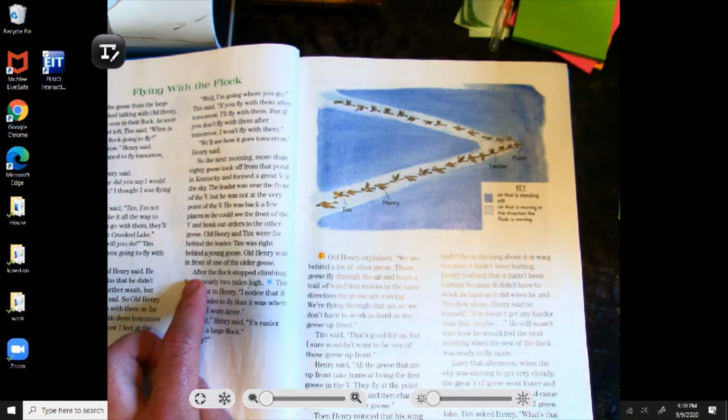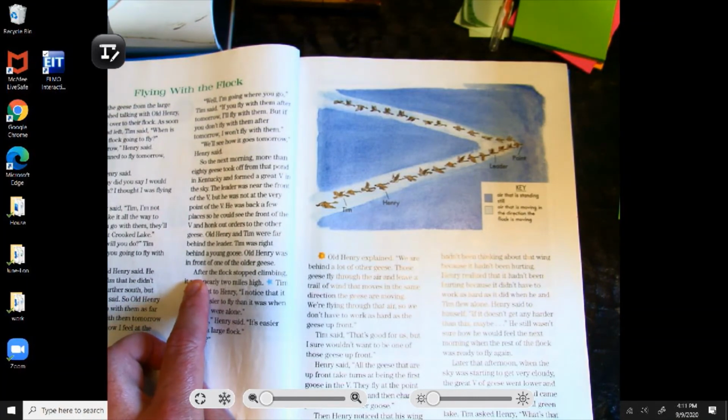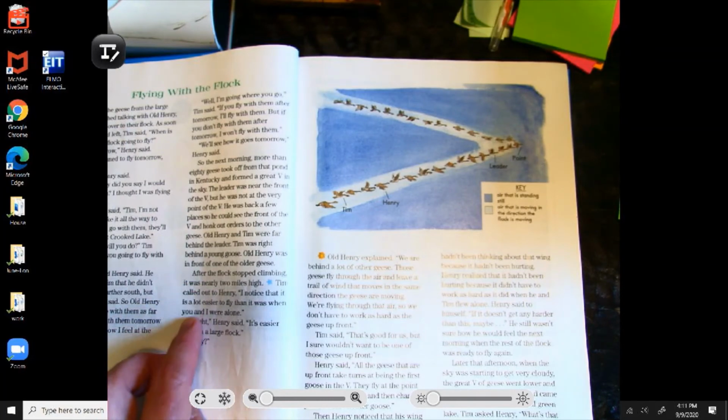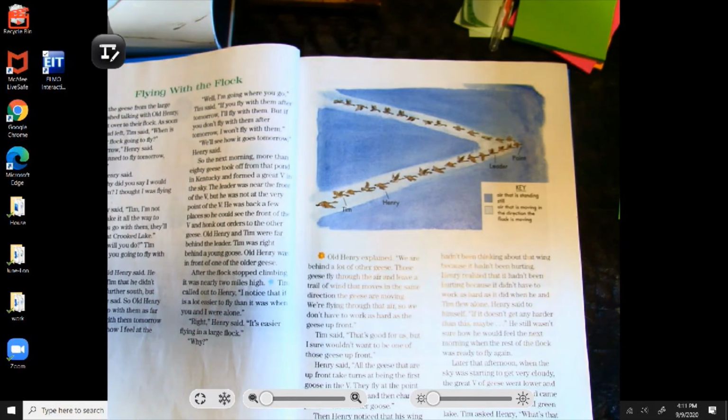All right, I'm going to continue right here. After the flock stopped climbing, it was nearly 2 miles high. Tim called out to Henry, "I noticed that it is a lot easier to fly than it was when you and I were alone." "Right," Henry said. "It's easier flying in a large flock."